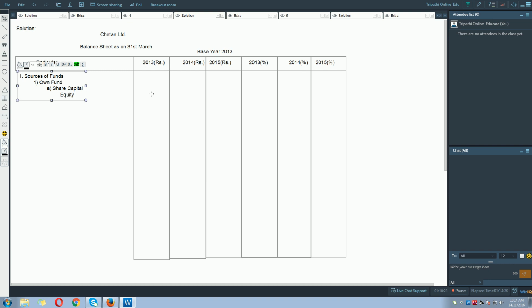The same way, 2013 percentage column, 2014 percentage column, and 2015 percentage column.